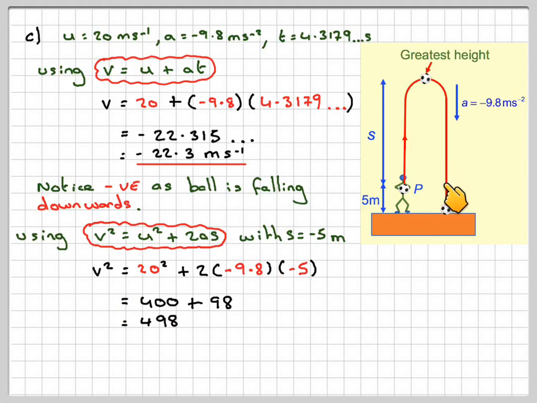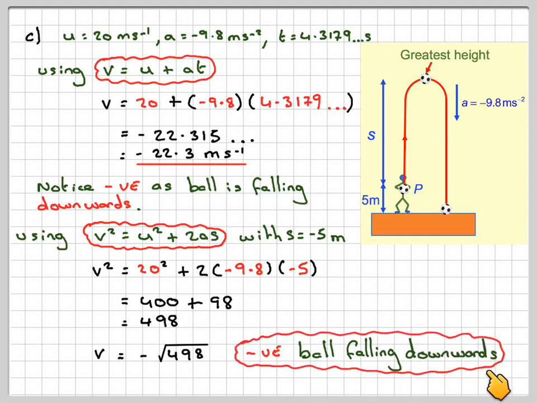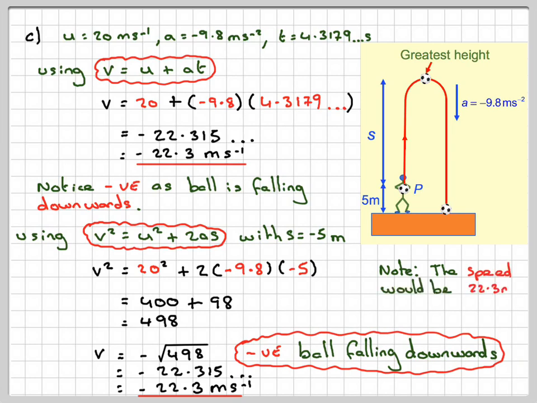But because the velocity is acting downwards, we need to take the negative square root of 498, negative because the ball is falling downwards, which again gives me minus 22.315, and we get minus 22.3 meters per second, same as we've got up here. Now, if we were just asked for the speed, then it wouldn't matter because we just give the answer as positive 22.3 meters per second.